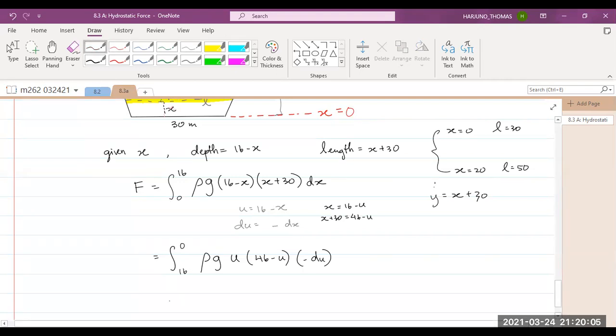And I will absorb that negative by reversing the limits of integration. Done. So I have already shown you that these three ways of finding hydrostatic force give us the same result.